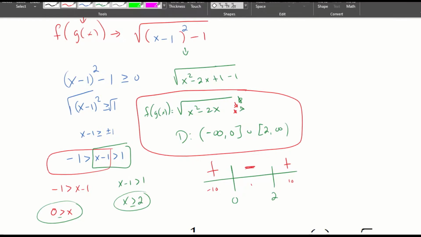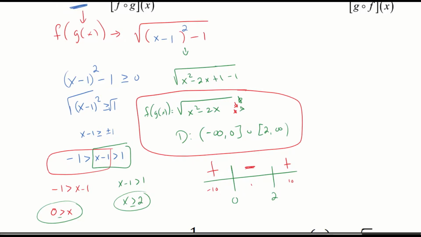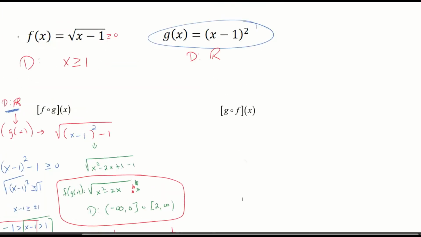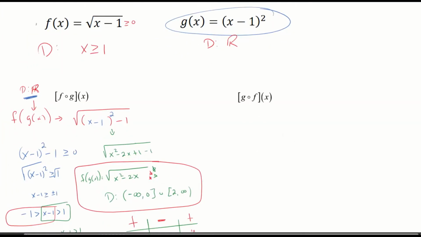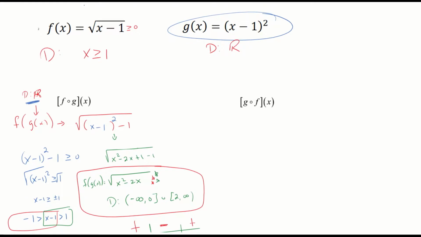In a bit, we're going to graph them just to confirm our answer. But let's see what g of f would have looked like. So g of f of x means we use our function g as the outside function. So we have parentheses, and it's going to look weird, but we have an x minus 1, and that quantity is being squared.